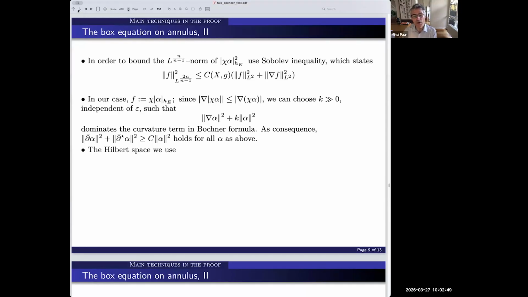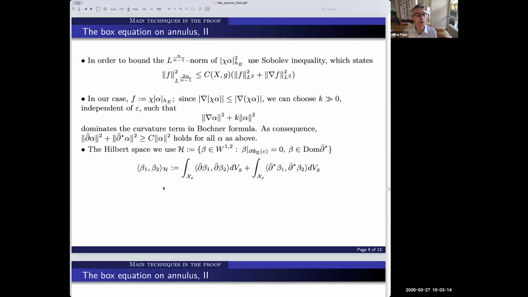And then, as I already mentioned, I want to solve my equation by using duality, and then the Hilbert space that we will use is simply the closure of the space of such forms with respect to this norm. So this gives exactly this condition that I wrote here.